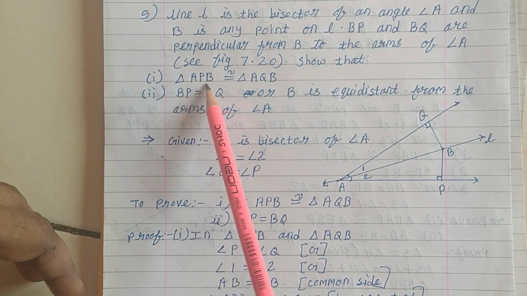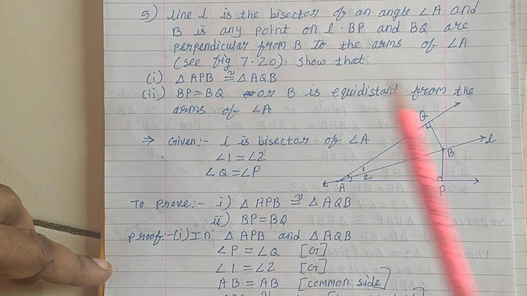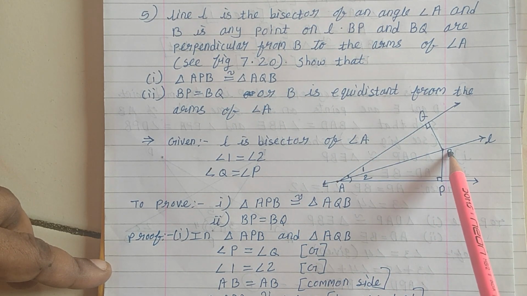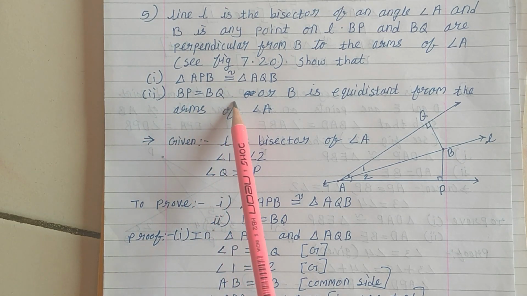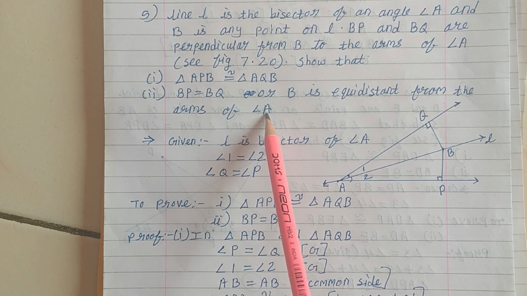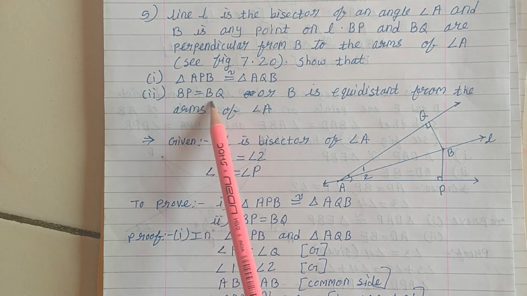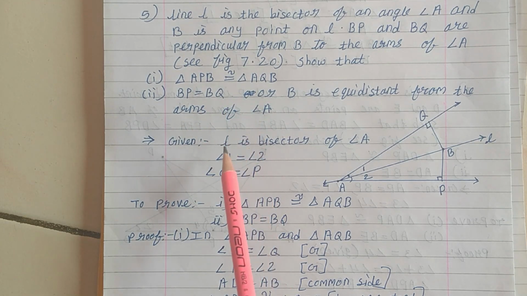Then we have to show first, triangle APB is congruent to triangle AQB. So we have to show three elements of these two triangles are equal. Then second, BP equals BQ, or B is equidistant from the arms of angle A. If these two triangles are congruent, then we can easily show BP equals BQ by CPCT.